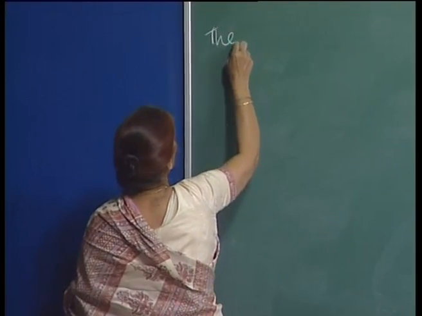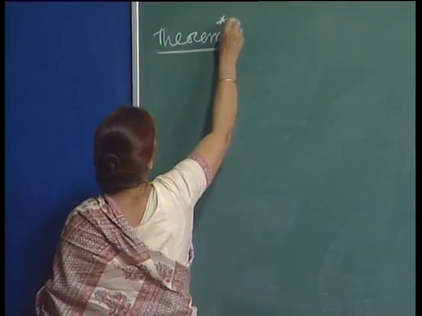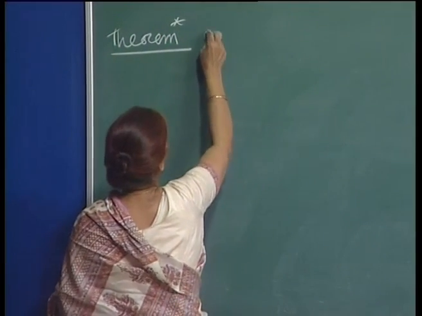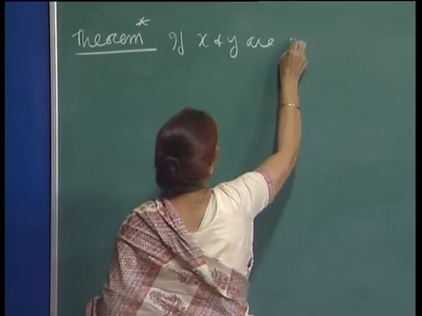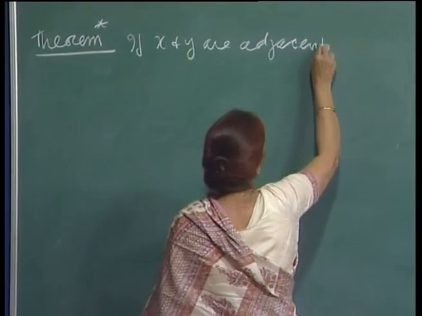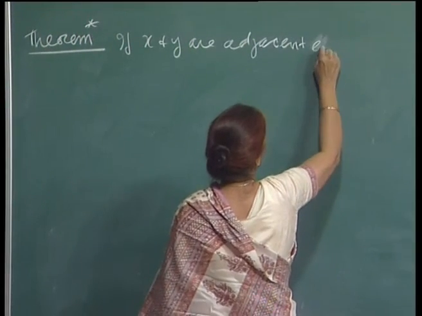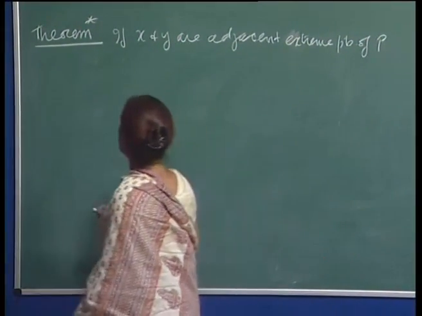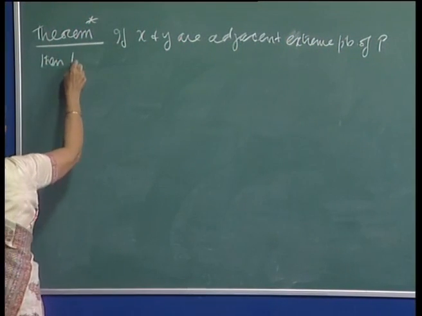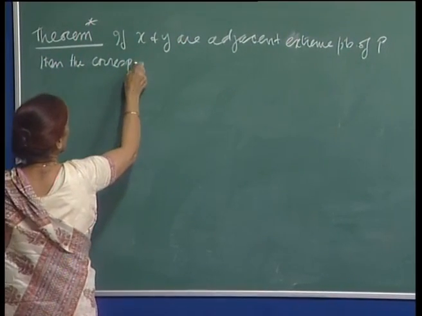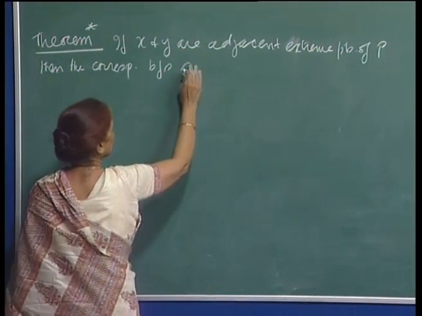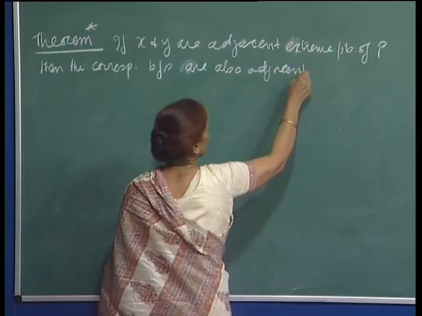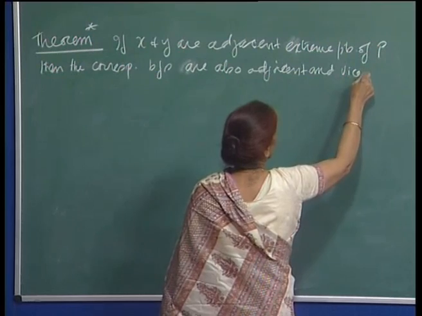So, the theorem, and I'll put a star to it so that you know the level of difficulty: if x and y are adjacent vertices, or let me use extreme points of P, then the corresponding basic feasible solutions are also adjacent, and vice versa.